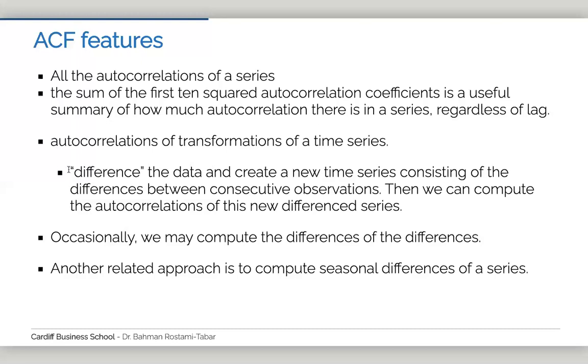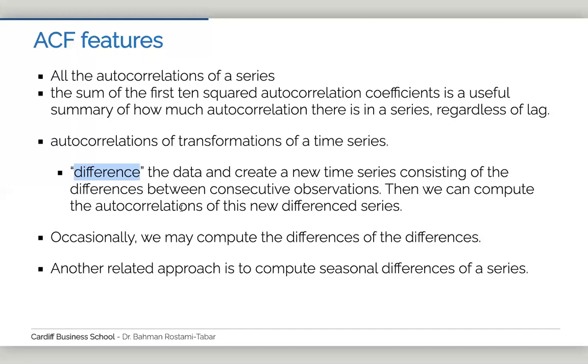We can do it using a function we call differencing, but again, this is the name of the function we need to use. If you use just one difference, by differencing the data we create a new time series that consists of the differences between consecutive observations. Following this, we can calculate the autocorrelation of this series.